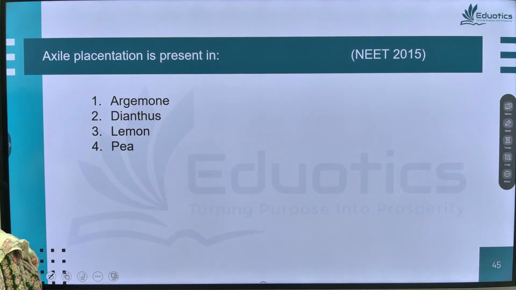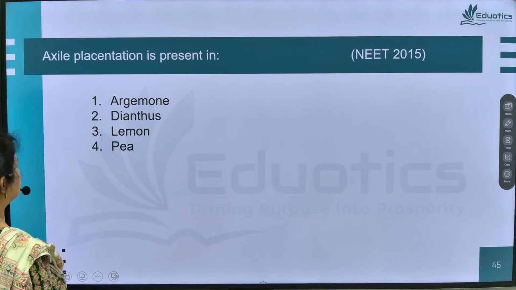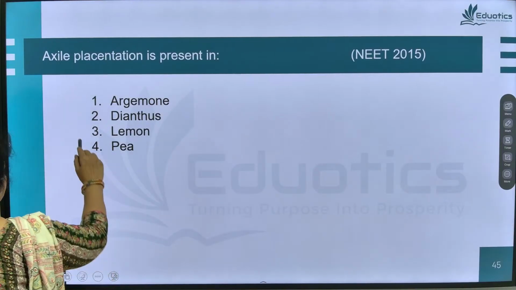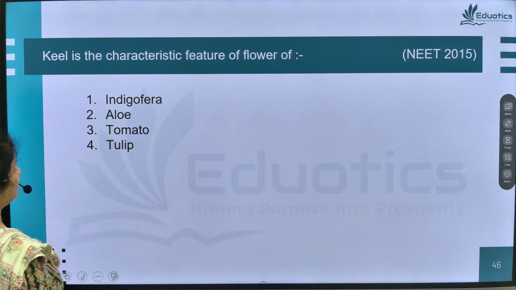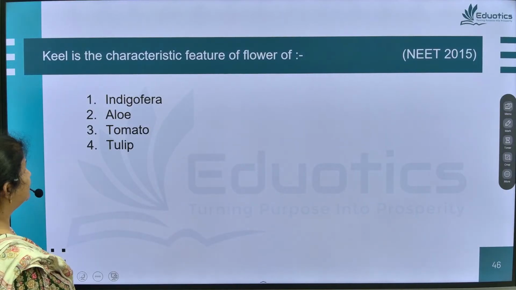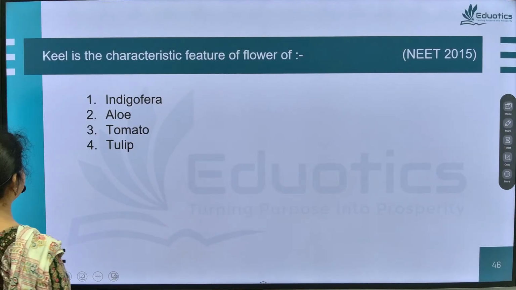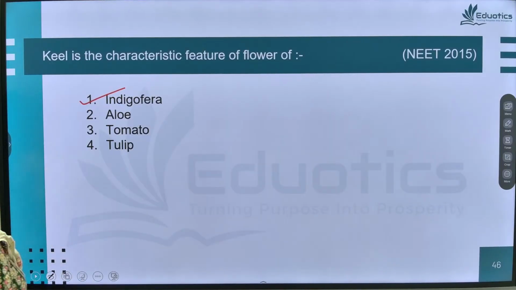Axial placentation is present in lemon. Keel is a characteristic feature of, again, the family Fabaceae. Placentation is being discussed. Indigofera belongs to the family Fabaceae.